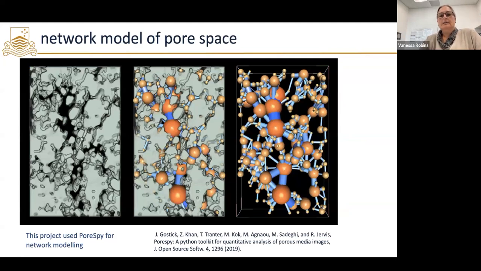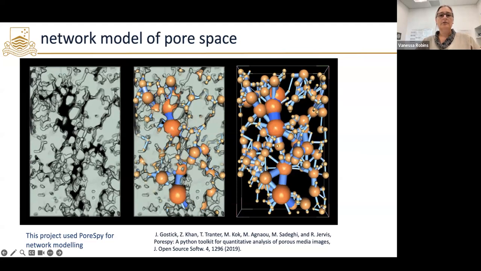All right, so here's how we're going to attack the problem today. We're going to use network models. This is a very standard and popular method for simulating fluid flow through these very complex pore spaces. I think computers are probably powerful enough that you can now do image-based, what they call lattice-Boltzmann models, where you can simulate the fluid flow through the entire pore space on a much more fundamental level.